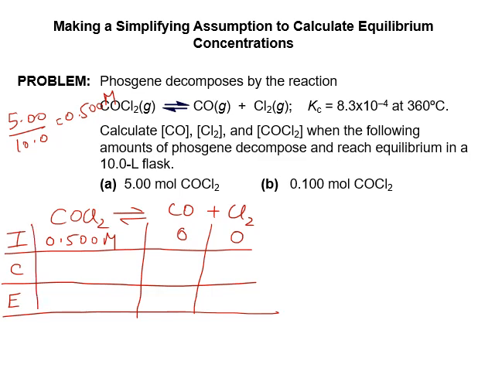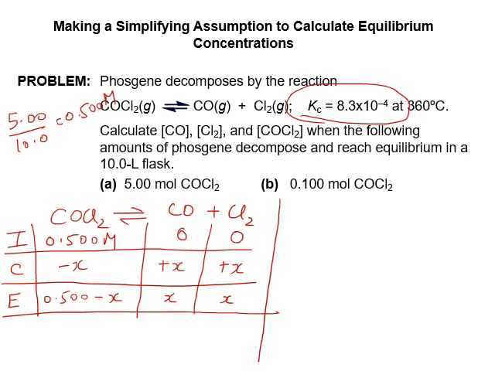Okay, so let's solve for my change. My change here is going to be minus x, plus x, plus x. So 0.500 minus x, x, and x. Now, what is the information that I haven't used yet is my Kc, which the question is telling me, and I know from my expression Kc will be Cl2 times CO divided by COCl2.